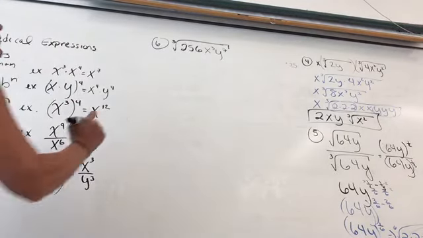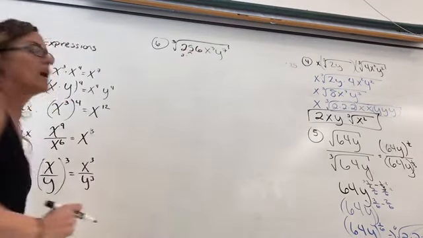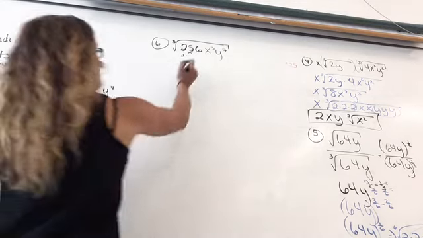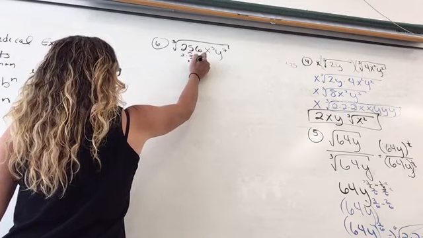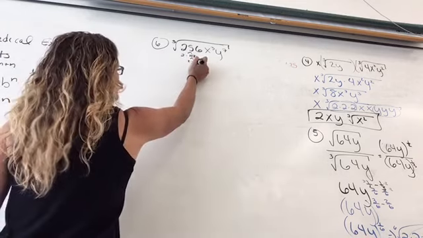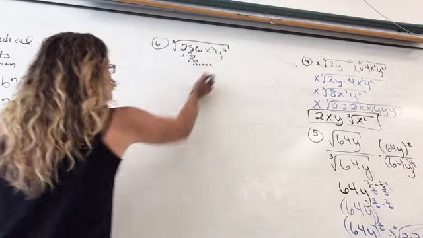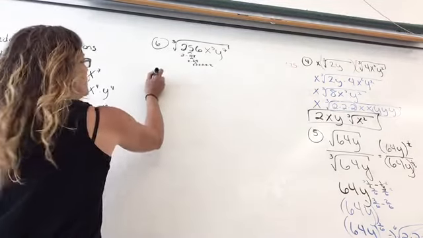So I need to break down the 2's. So 256 is 2 times 128. And the 128 is 2 times 64. And we already decided that 64 had 6 2's in it. So that's 2 times 2 times 2 times 2 times 2 times 2. That's 8 2's. 8 of them.